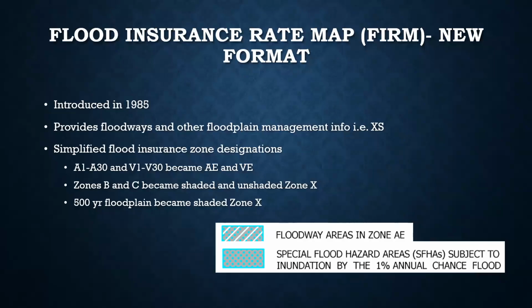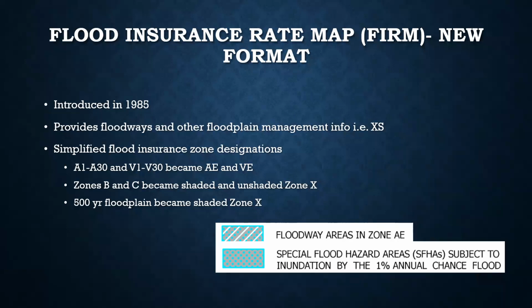Okay, and then we've got the new format flood insurance rate maps. These are the ones that we're currently working with right now. Flood zones were kind of thrown out the window because they were super confusing. These were introduced in 1985.